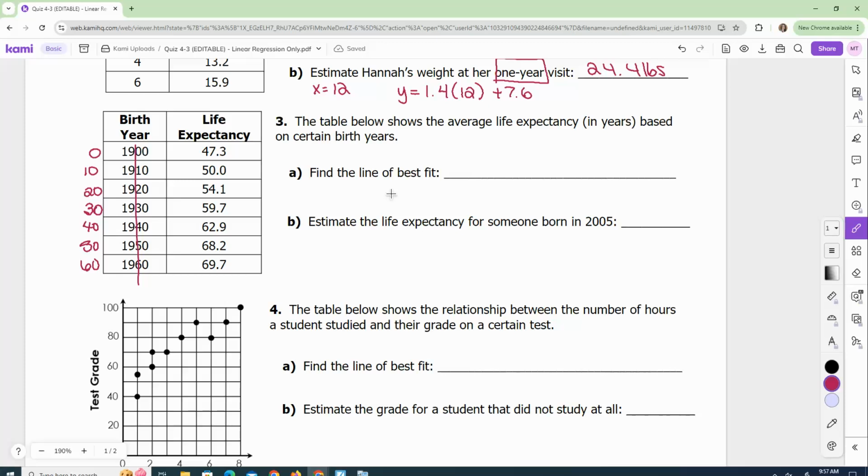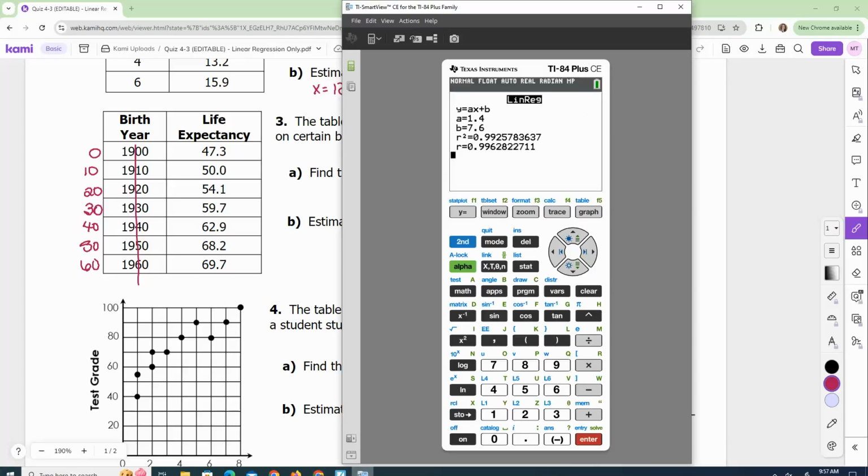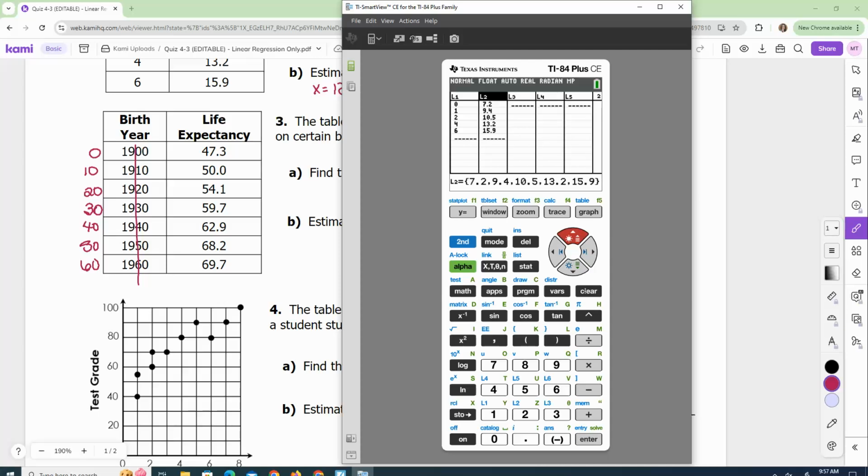Okay, so everybody should have this written in. And now what do we need to do? Okay. Do not delete, just clear your list.